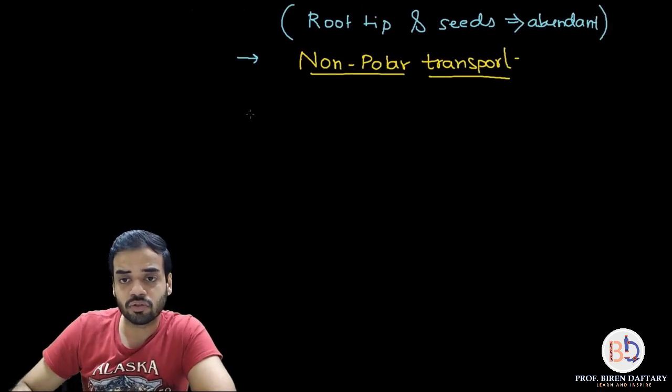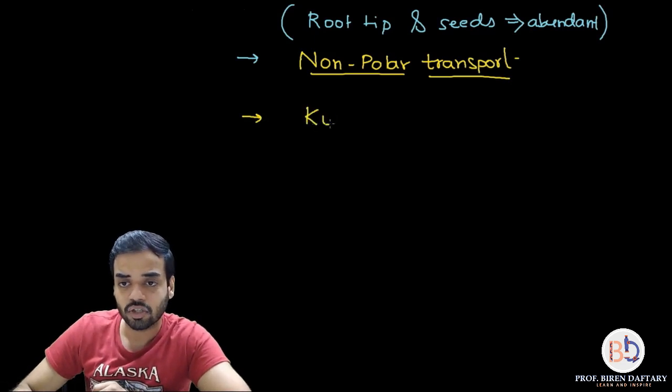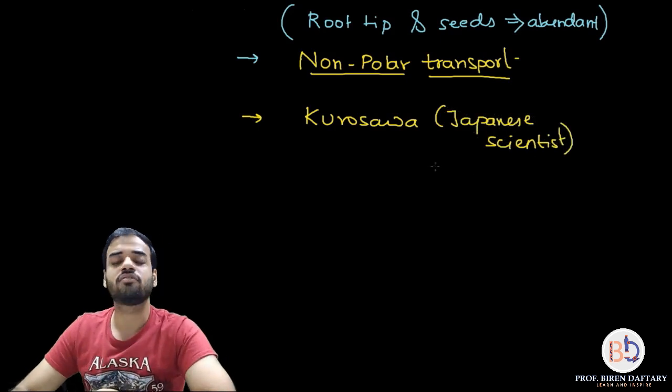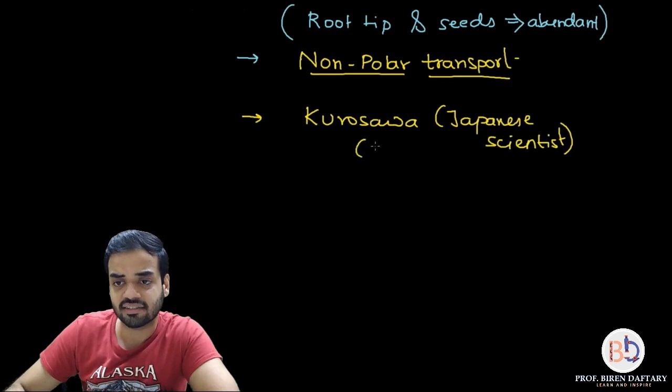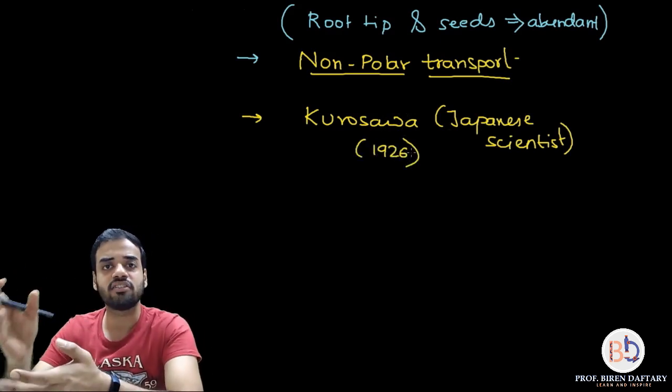The person who discovered them was called Kurosawa. Kurosawa was a Japanese scientist and he discovered these gibberellins in the year 1926.